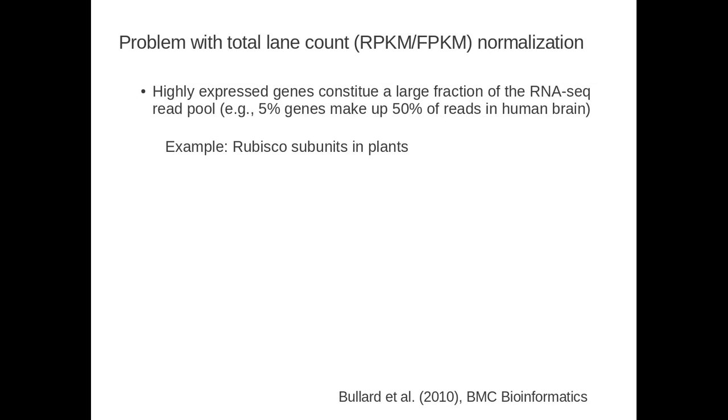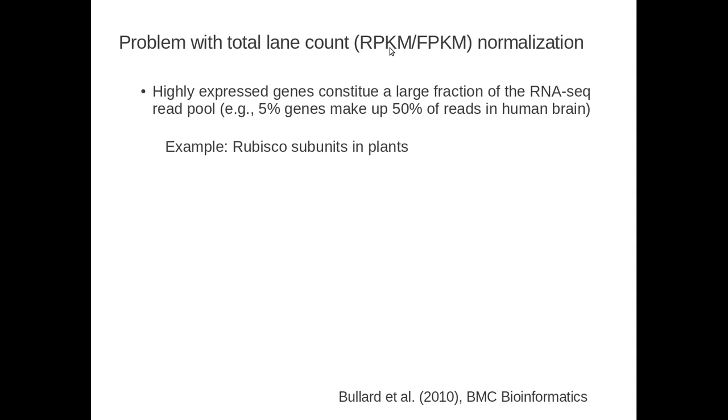So there's a problem, though, with total lane count. This is the term that's used for the RPKM, FPKM normalizations. That is, we're normalizing generally by the total count. Let me go back to the RPKM and FPKM ways of normalization: reads per kilobase of exon per million reads.